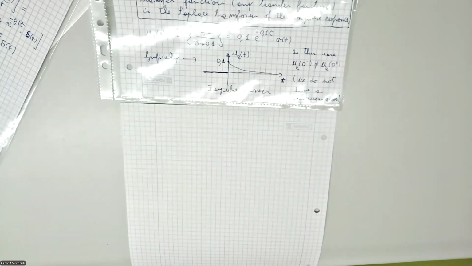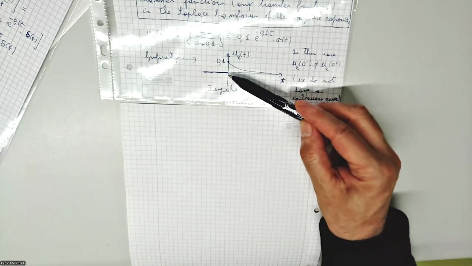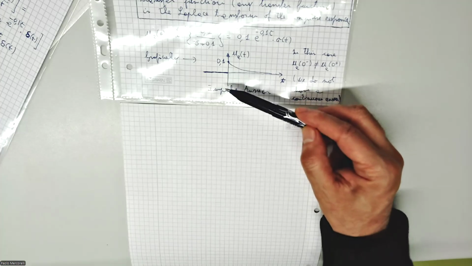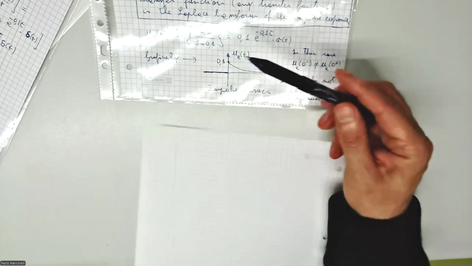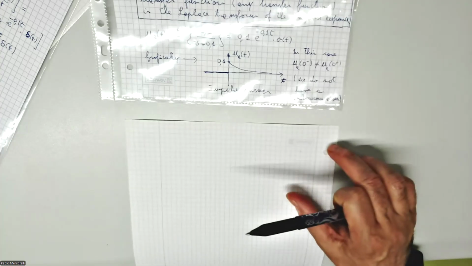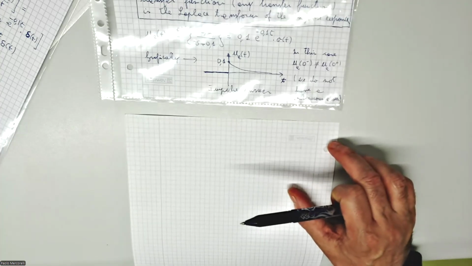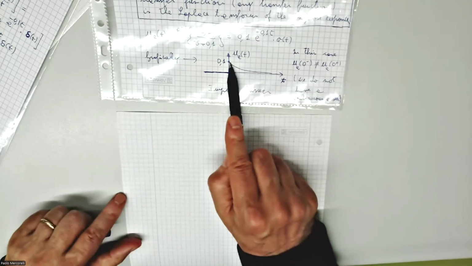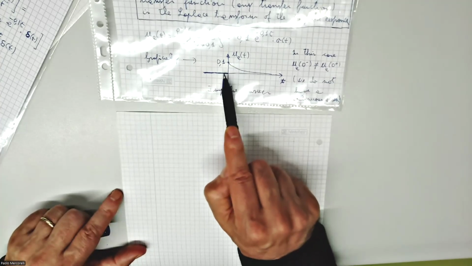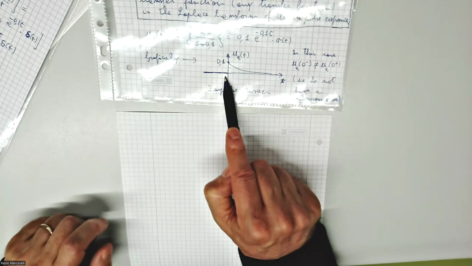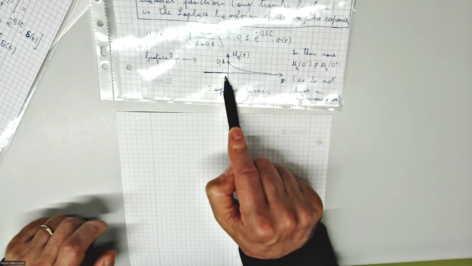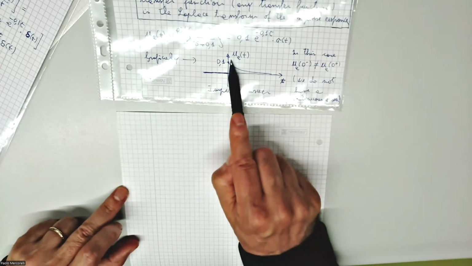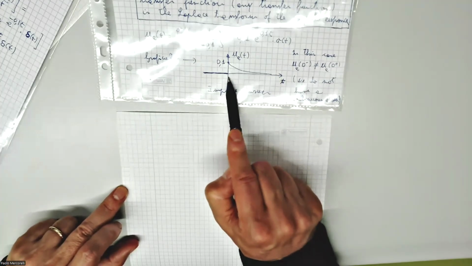Now we can see very well here that if 0 is the initial condition, I didn't write it, but assume that it is 0, we have this u at time 0 minus is not equal to u at time 0 plus. I don't know if this is visible. Come on, you see here.